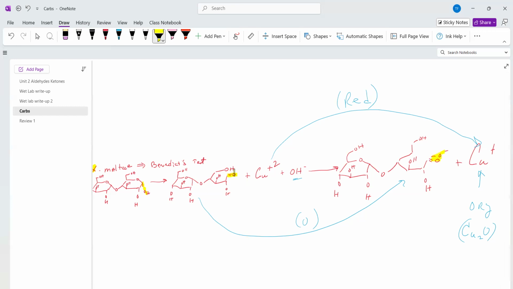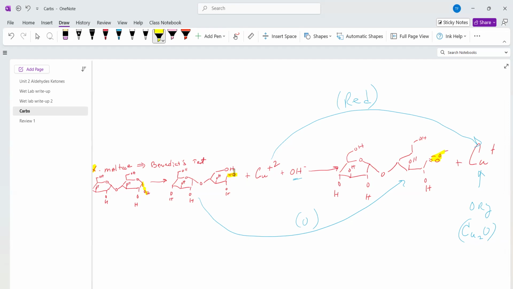That's all it is. That's the problem with carbohydrates. You have simple reactions, but the structures are complicated. But the essence of the functional groups, what's going on there, is very straightforward. I know, easy for me to say.